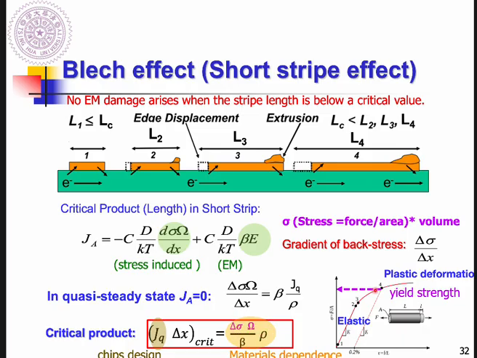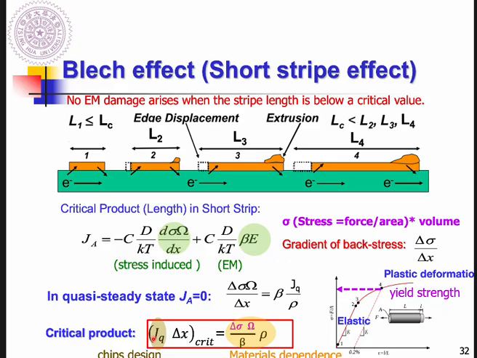Stress field is usually represented by sigma. Usually we use the yield strength to represent that, because as long as the stress is higher than the yield strength, it will cause permanent plastic deformation. So here sigma is usually the yield strength, a typical extrusion example. The right side is the material property, and the left side is the current density, which you have already decided for the chips on the silicon substrate.